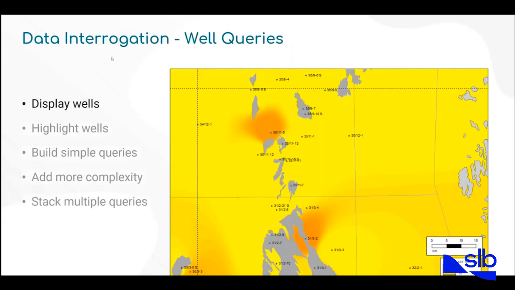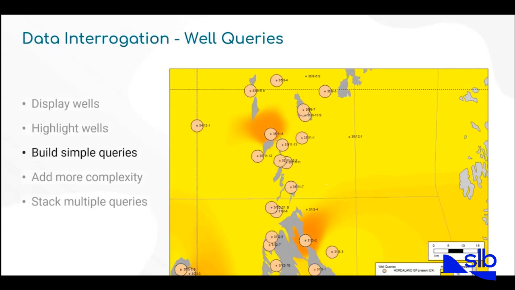So well queries. This is where you get to use the queries to display the wells. So you can ask a question of the data of the wells and say, right, highlight the wells or show me the wells that are exploration wells. Okay, great. There's only 3 of them there, right? It cleans up your map display. But then you can also use it to highlight the wells.